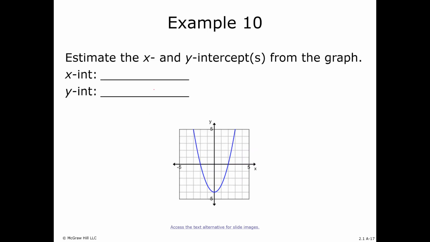And this one, if you look at the x-intercepts, it looks like it crosses the x-axis at 2, 0 and -2, 0. So this one has two x-intercepts, 2, 0 and -2, 0. And then the y-intercept is down here where it crosses the y-axis, so that is 0, -4.